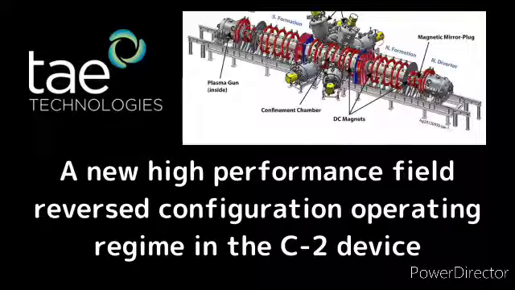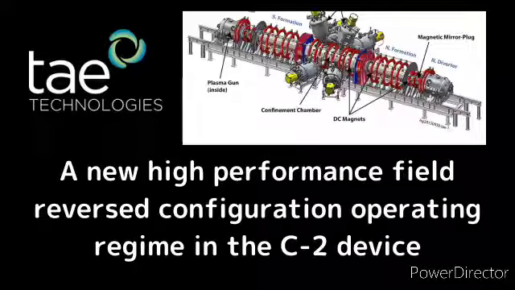Monte Carlo simulations indicate that shine-through and fast orbit losses are less than 10%, and the fast ion confinement and slowing down time are comparable to the FRC lifetime.